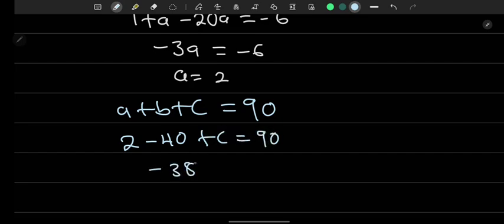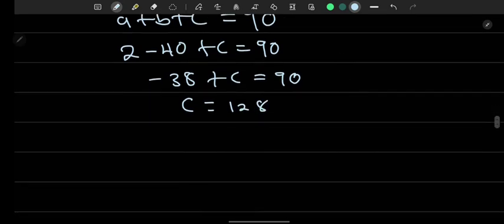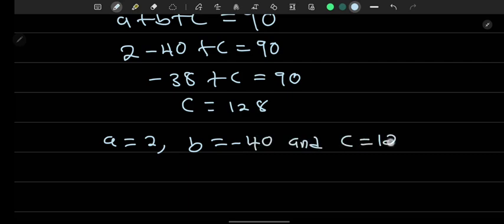So this is minus 38 plus c equals 90, then c is 128. So the values of a, b and c are 2, minus 40 and 128. Okay.